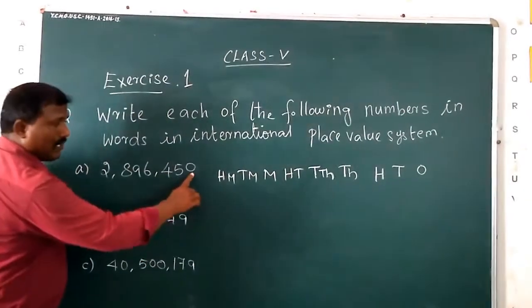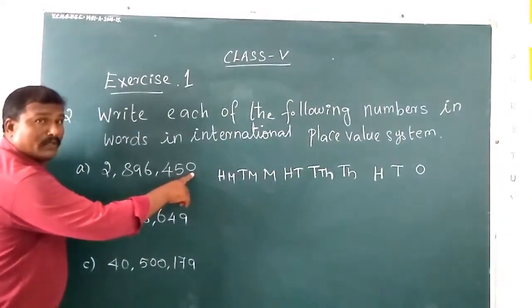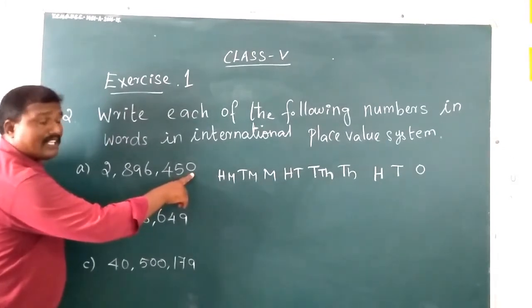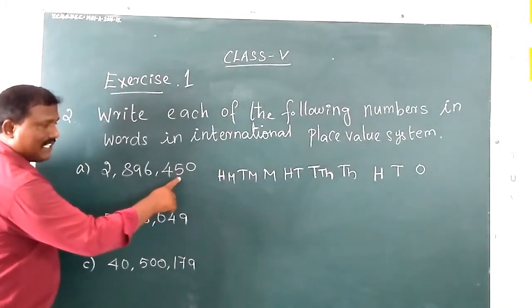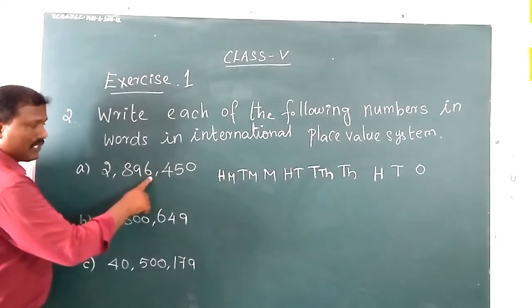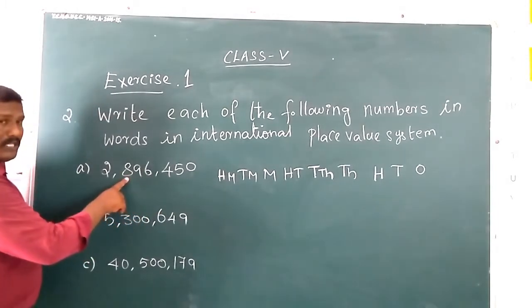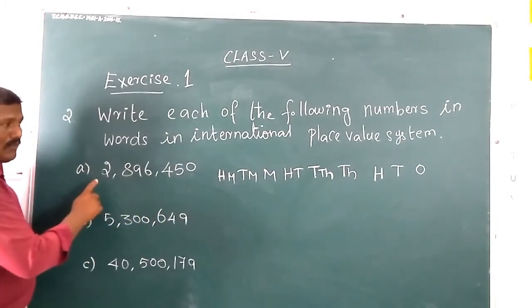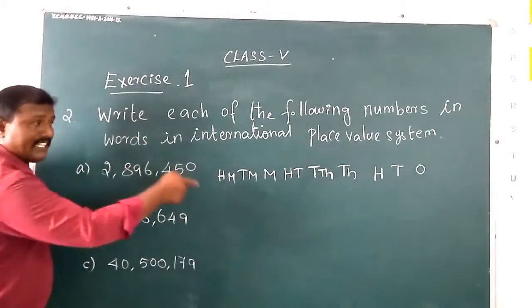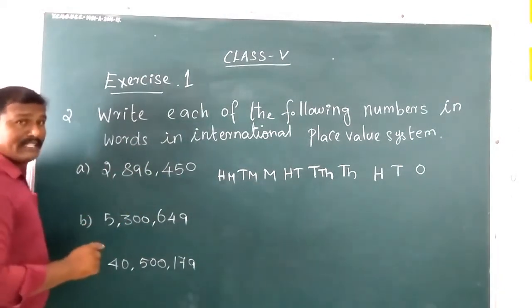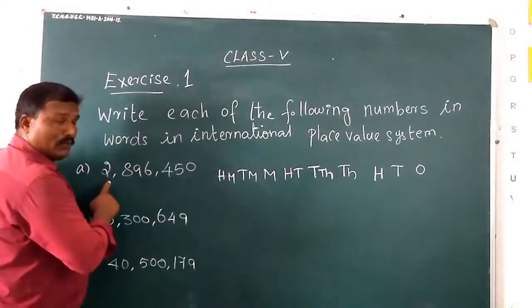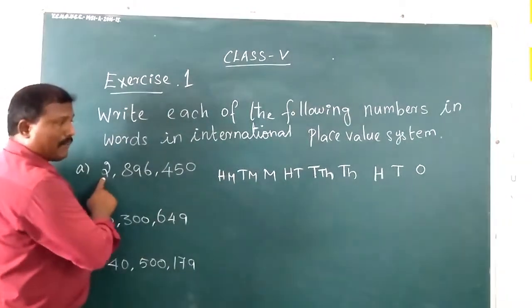First of all, I want to know the place values of the given digits. If you place the digits in this table, then you can read easily. It's a million place.